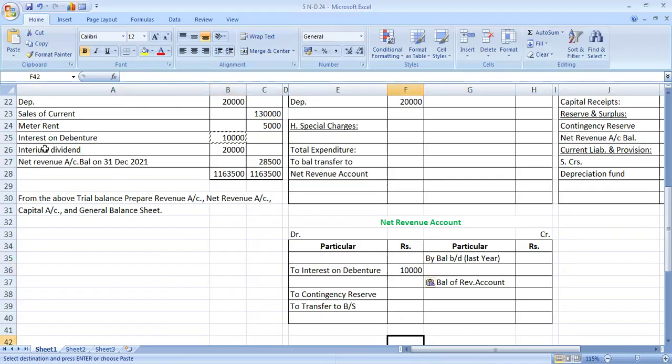Then interim dividend also goes to the net revenue account debit side, interim dividend 20,000.